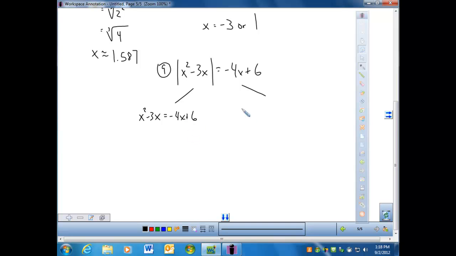The second one, we're going to take the opposite of what's in the absolute value symbols. Now, I would very much encourage you to put that in parentheses so you can be sure that your negative sign gets carried through that whole expression there, and then set that equal to the opposite side of the other side of the equation as well.